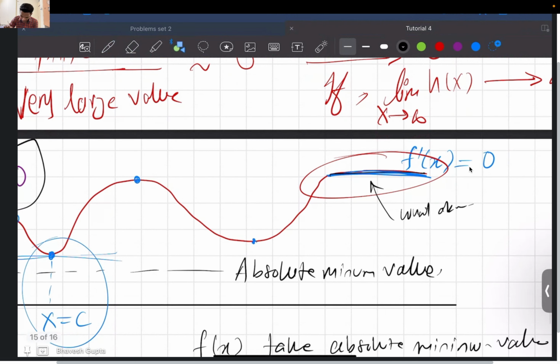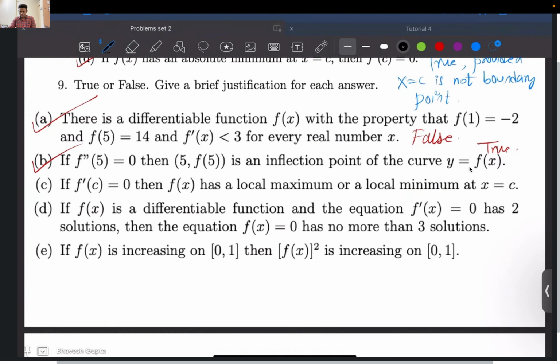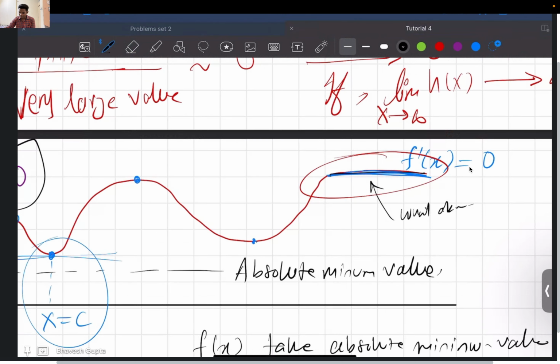But I guess in the question they are only interested in a given point, not a given range. That's the difference here. So for a given point, yeah, that can be a local maximum or minimum, but not for a given range. So try to make a difference between them. They are different things. Over here they are for a given range, and here you can see they are for given points, given isolated points, I would say.